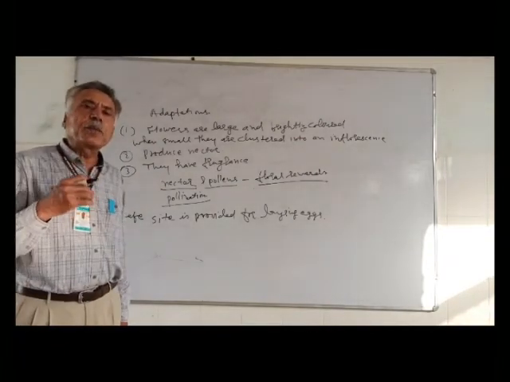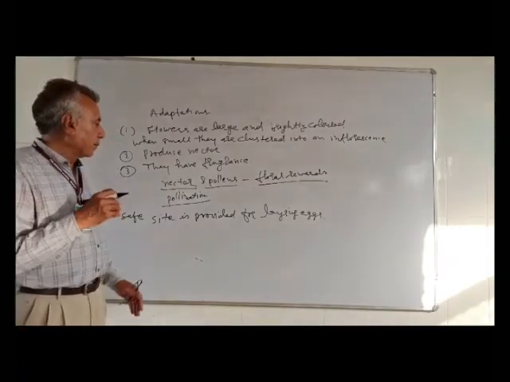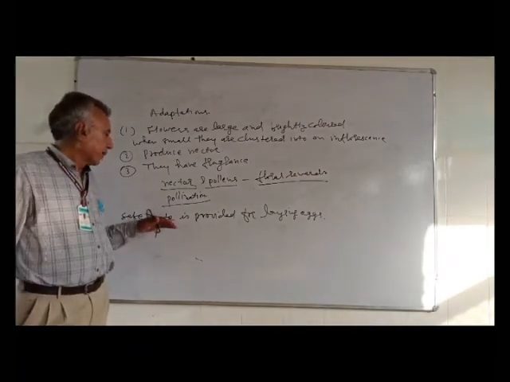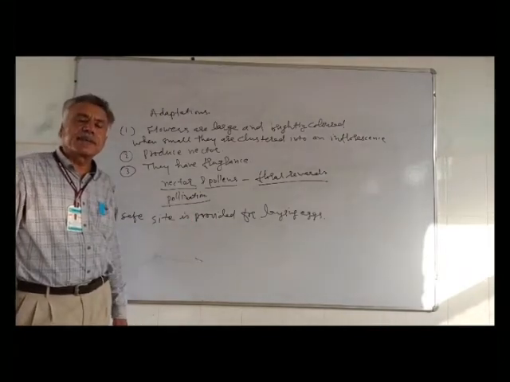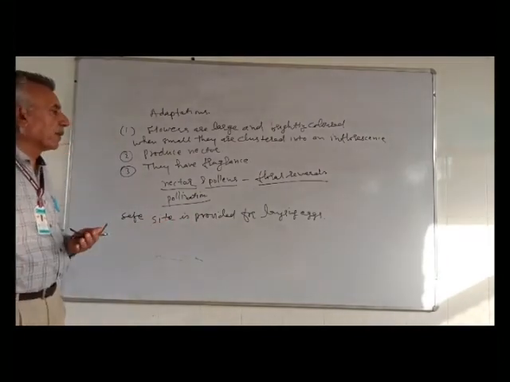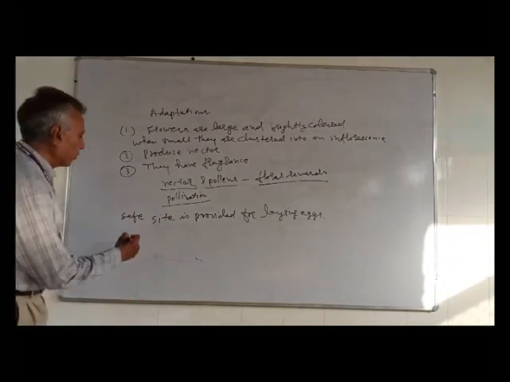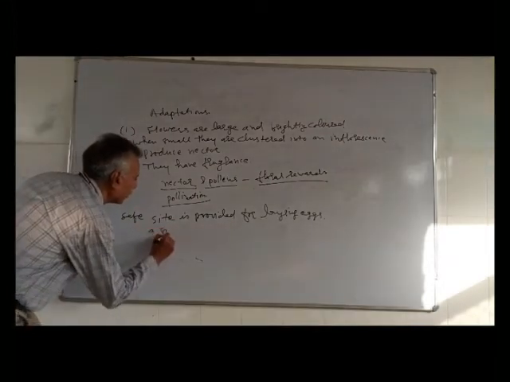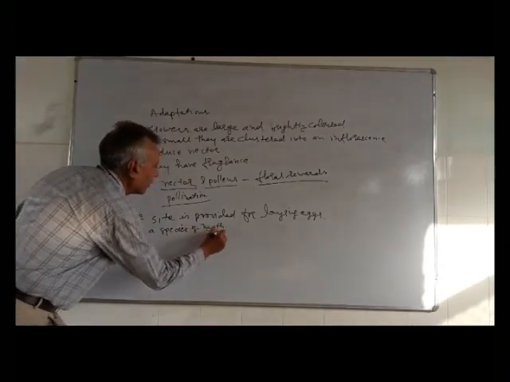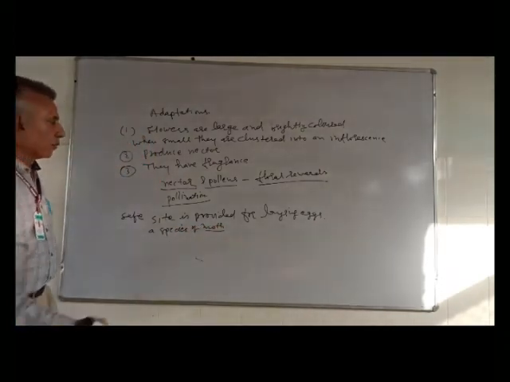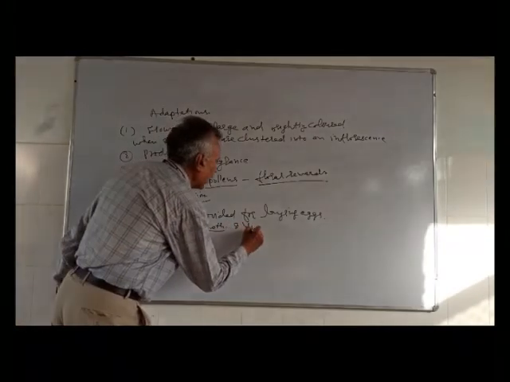Some angiosperm plants provide a safe site for laying eggs to the insect. A very interesting example is a species of moth and the yucca plant.